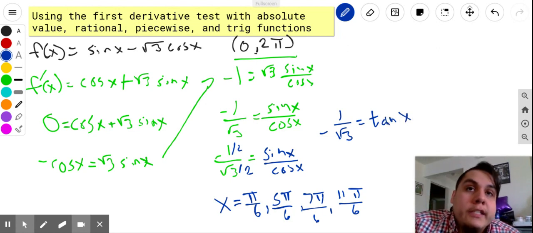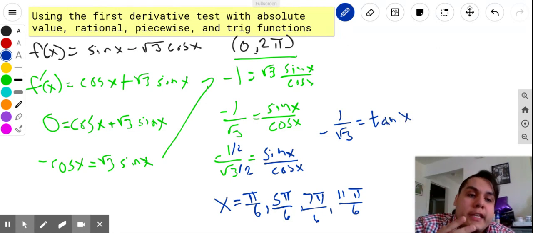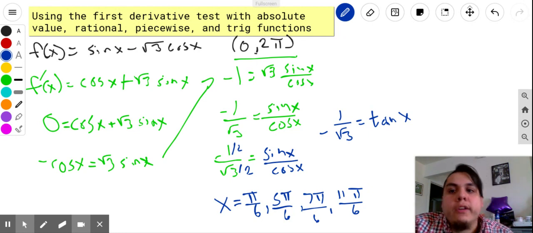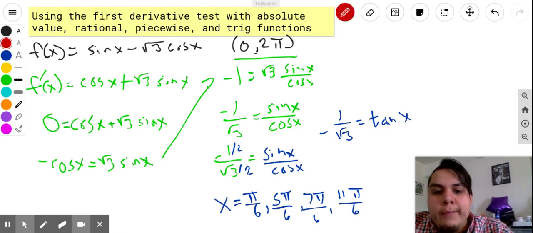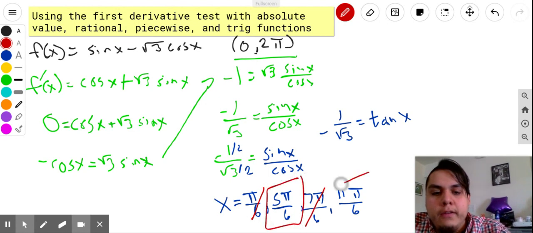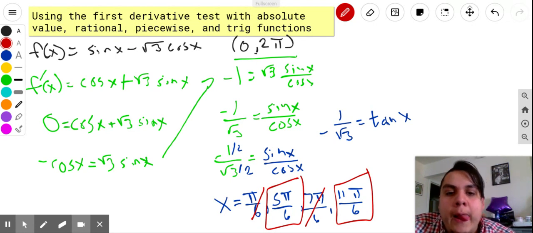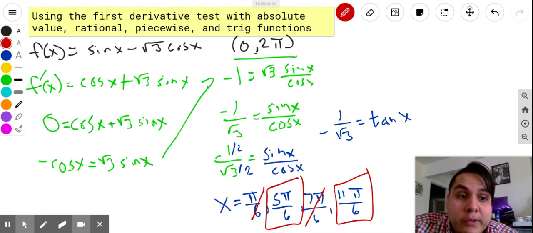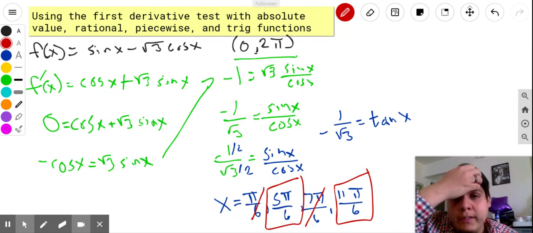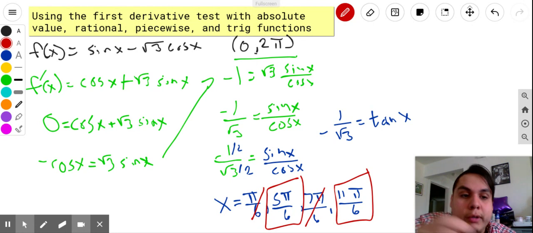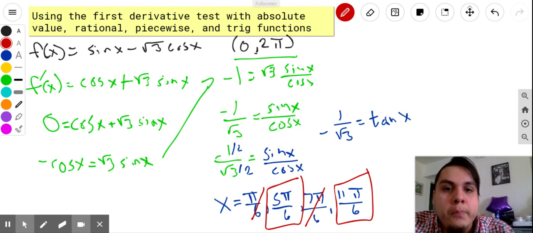And I know tangent is negative in the second and fourth quadrant. So that must mean that my answers, my critical numbers, are going to be these two right here. Okay, so that makes stuff pretty easy for me. If you have questions about the trig, feel free to ask. More than happy to help you with it because that's what I'm doing with my pre-calc right now.